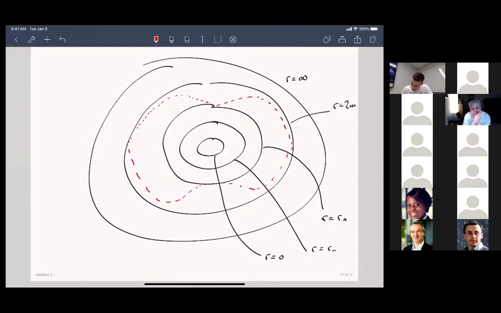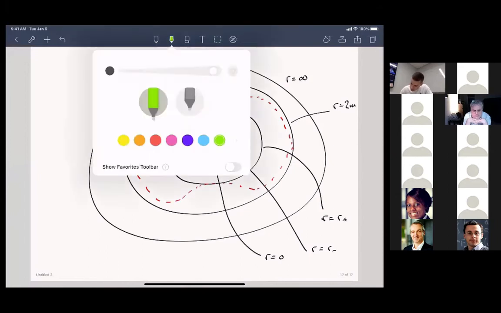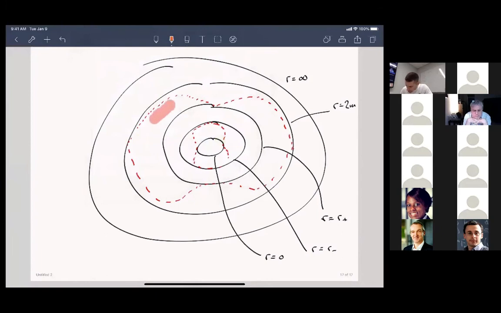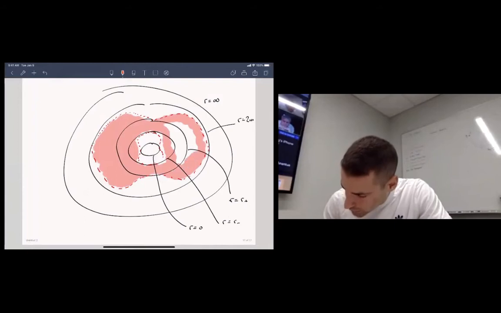Okay, so now I'm going to use thick red to shade in this region. So I'll explain to you what the shaded region is in just a second.